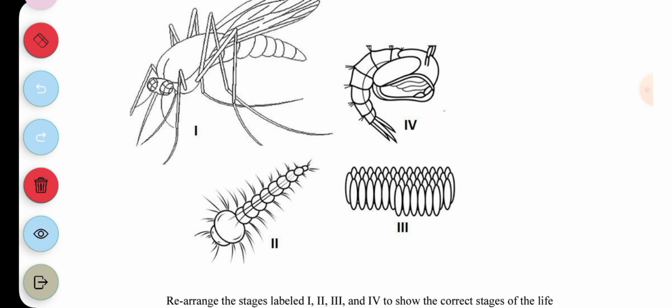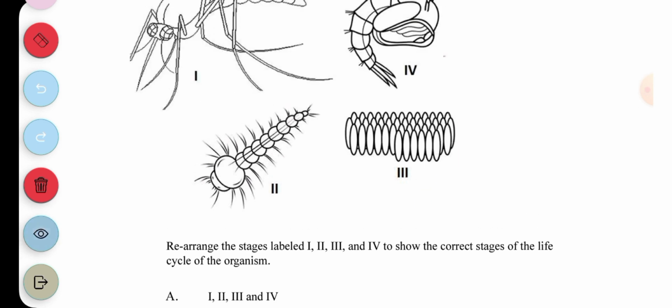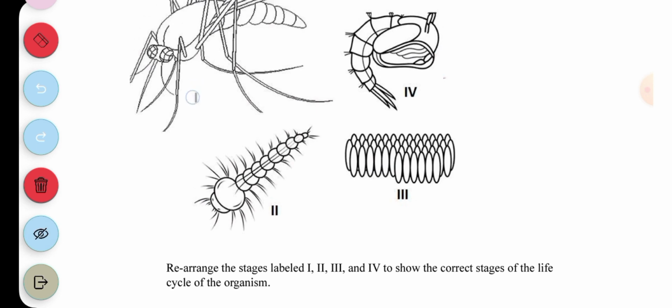This is the egg, this is the larva, the pupa, and the adult. The egg is the first, followed by the larva, which is the second, then the pupa, which is the third, then the adult, which is the fourth.